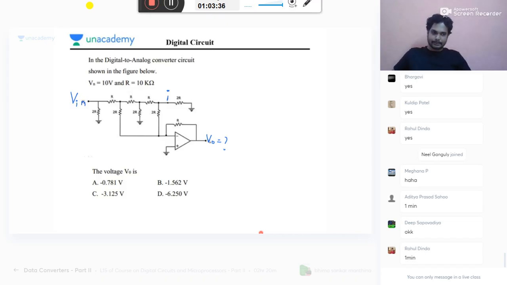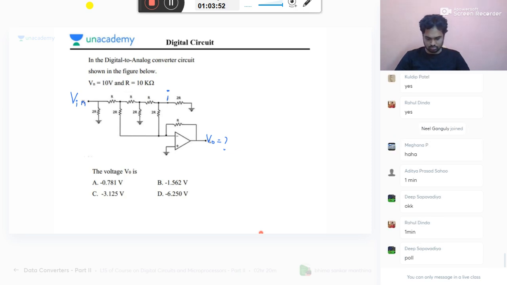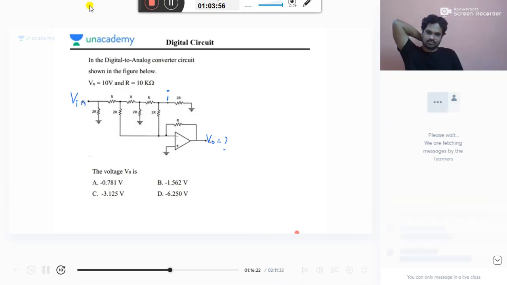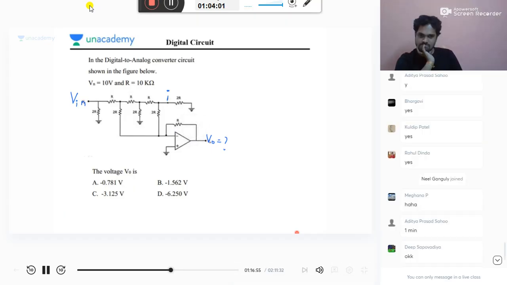Very good. Howard, Deep, Mohan, Rudraksh, and Sura.